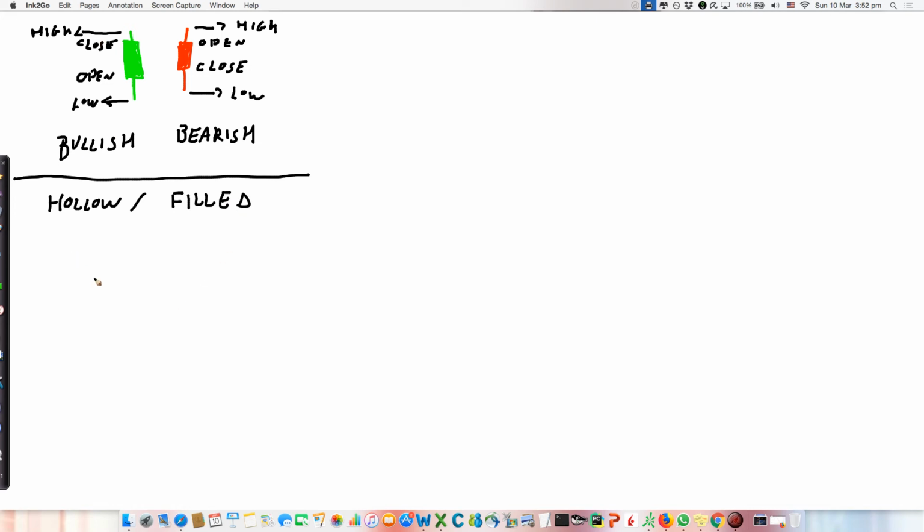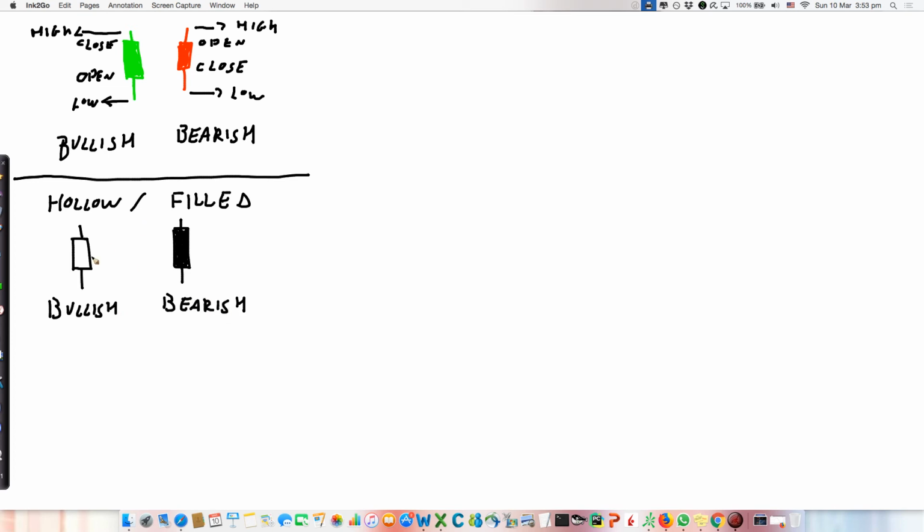So the bullish candle in this case is something like that. Okay? And the bearish candle is something like that.